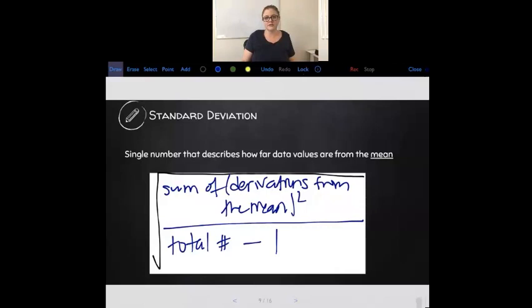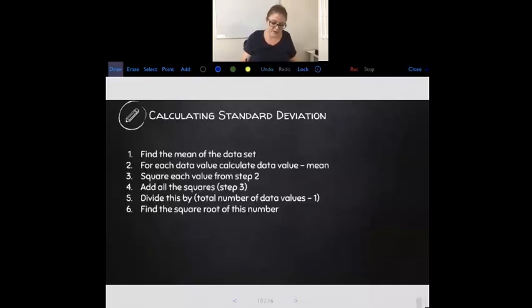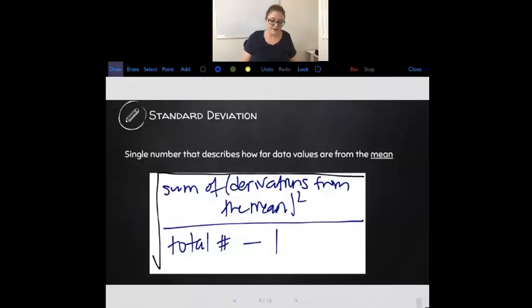What we'll do in the next slide is break this formula down, talk about steps to calculating standard deviation, and then we'll go over an example. In order to calculate standard deviation, you need to find the mean of the data set. Notice how part of the formula is deviations from the mean.